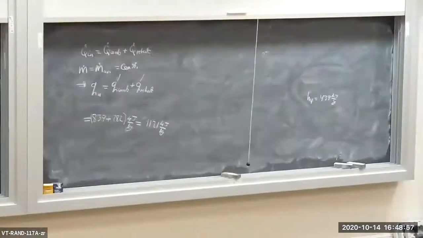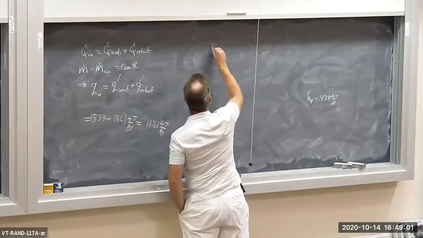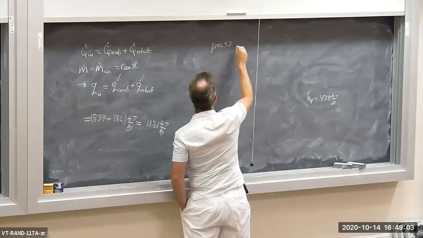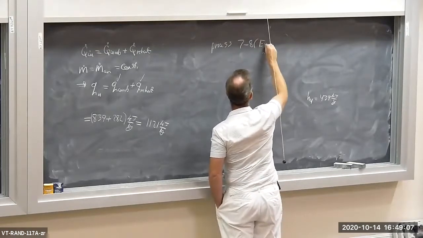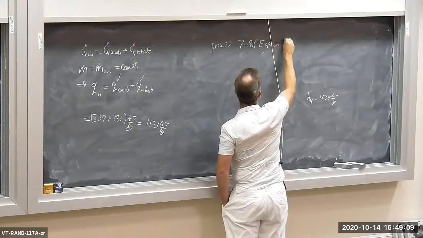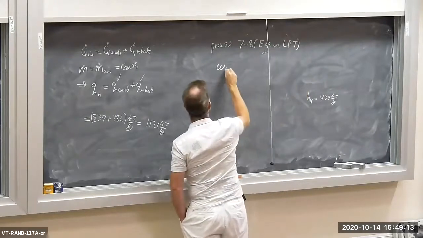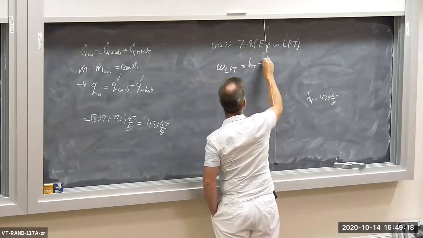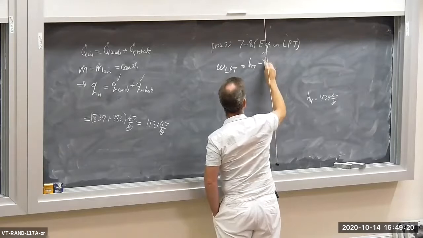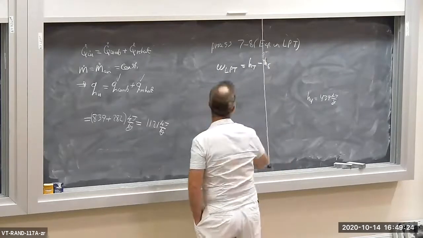So process 7 to 8, that's expansion in LPT, and I get WLPT, which I know is equal to H7 minus H8. I'm running out of chalk here.